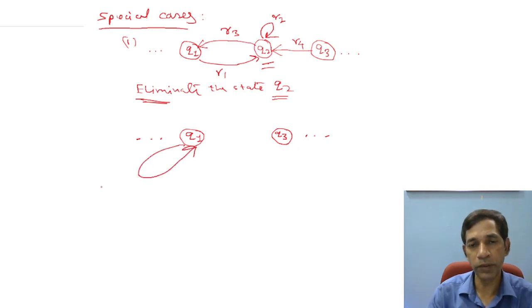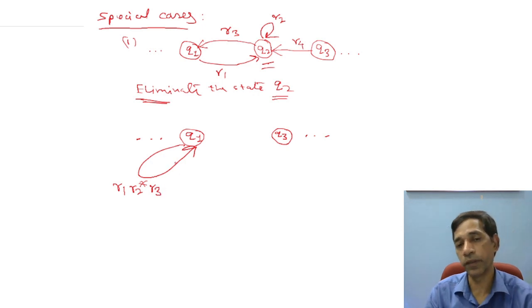So you are starting from the Q1, you are going to the state Q2, and you have the regular expression R1. Once you are at the Q2, you have the regular expression R2, so you can make the Kleene star of R2. Then from state Q2, you have the outgoing edge which goes to the state Q1, for the regular expression R3. So this is the loop actually you are obtaining.